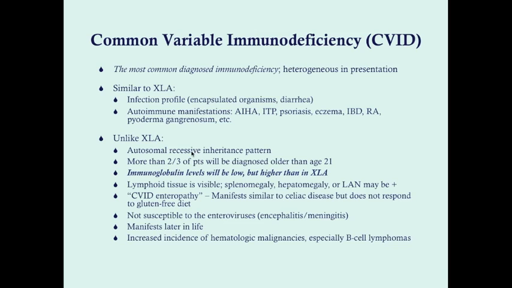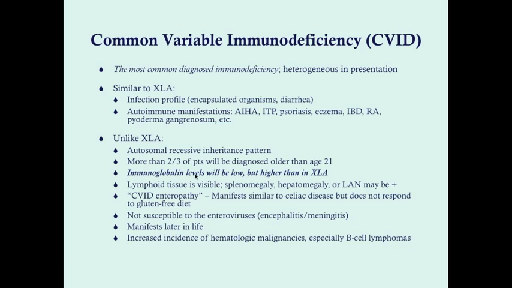It can be autosomal dominant with various expressions. So it's not X-linked. All right, so women can get this too. And that also kind of helped us in our vignette that this was a female patient. Another thing, big. More than 2/3 of patients will be diagnosed older than age 21. Children with XLA will not go past their second birthday without you knowing something is up, that they have some kind of immunodeficiency going on.